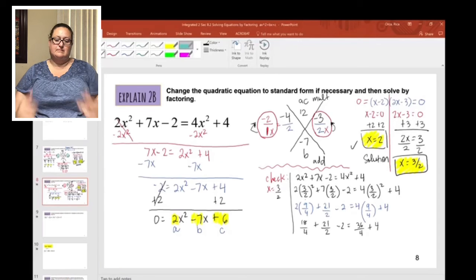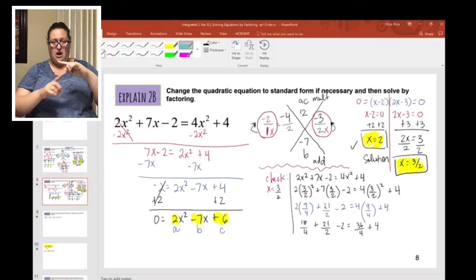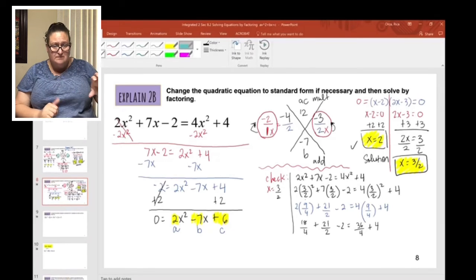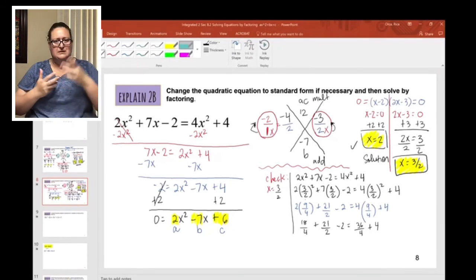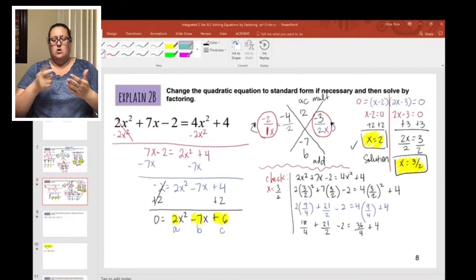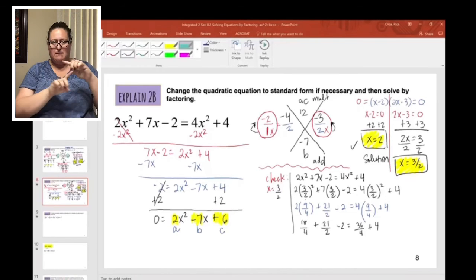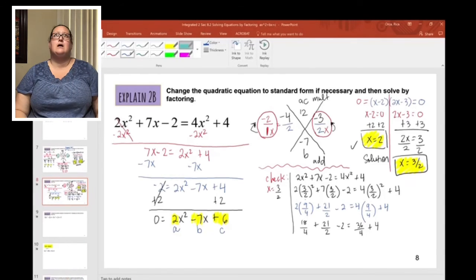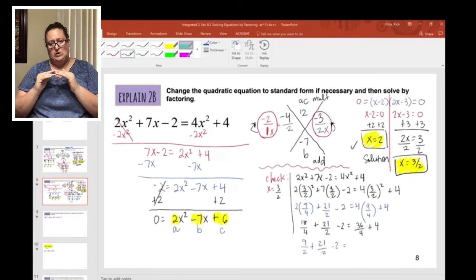So now I want my denominators to be the same. If you look at the left-hand side of the equation, notice how we can't combine 18/4 with 21 halves. So let's go ahead and rewrite the 18/4 so that it has a denominator of 2. So the 18 over 4, you can reduce that to 9 halves plus 21 halves minus 2 equals, and we have 36 over 4.